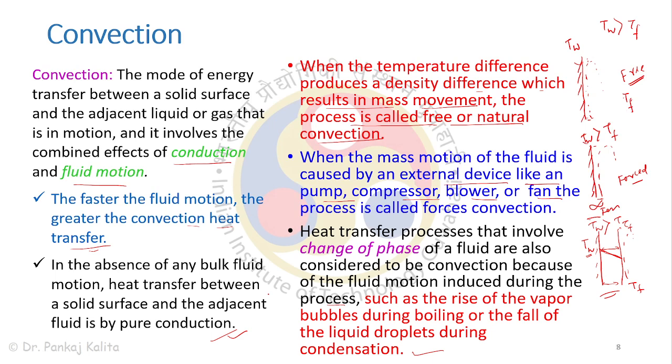Now coming to convection, you know that there is actual fluid movement. So there is heat transfer between a solid surface and an adjacent fluid. It could be a liquid or gas, and that fluid is in motion. Then there is a combined effect of conduction and the fluid motion. If this is a surface and a fluid is flowing here, then as the fluid flows on this solid surface, a boundary layer is formed on this surface.